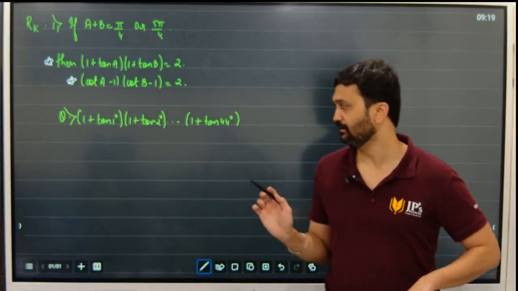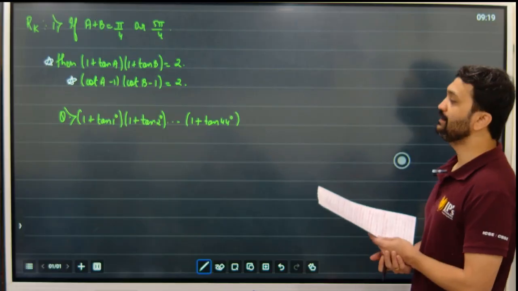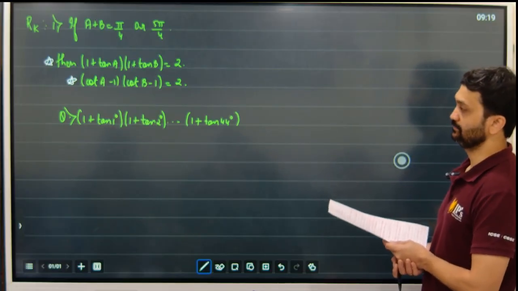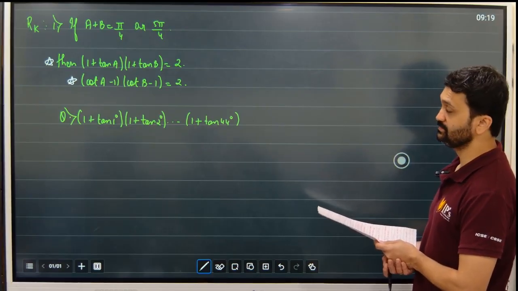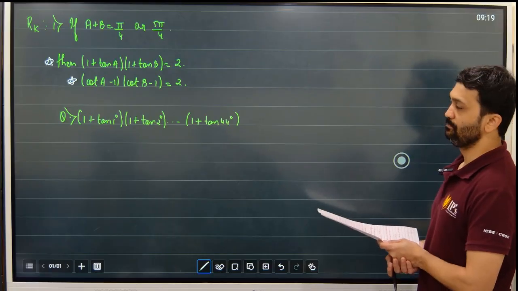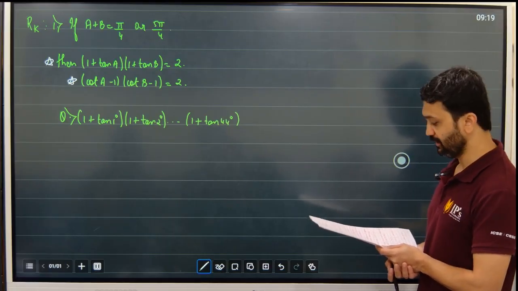So I know that there are going to be pairs: (1 plus tan 1)(1 plus tan 2) is going to be one pair, (1 plus tan 3)(1 plus tan 4) is going to be the second pair, and so on.